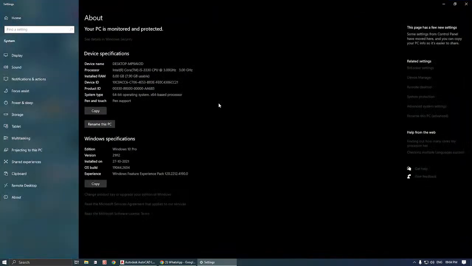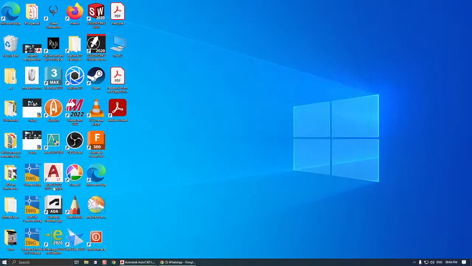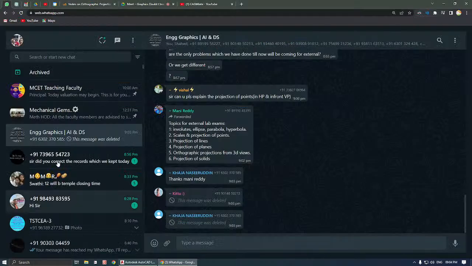This is Windows 10, so it is displaying like this. You can see here, this is my processor. Then I have a RAM of 8 GB. Then this is the operating system, 64-bit operating system. So this data you must copy and put it in specifications. Yes, sir. Thank you, sir.